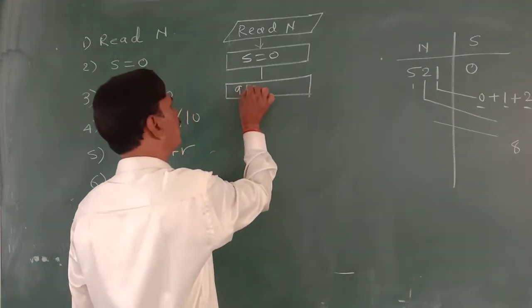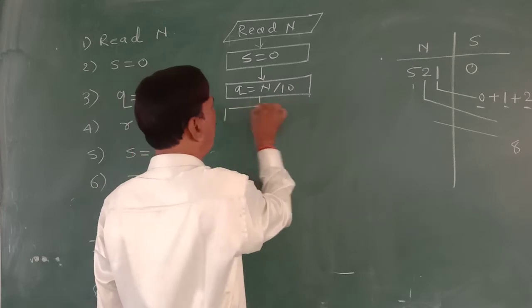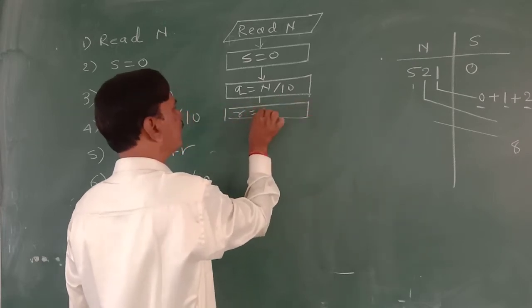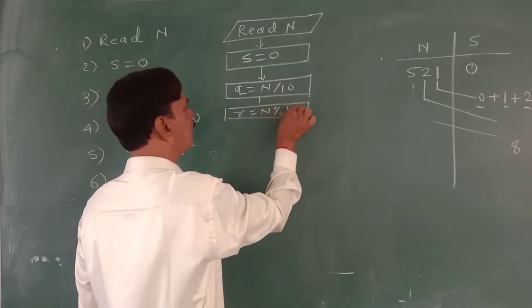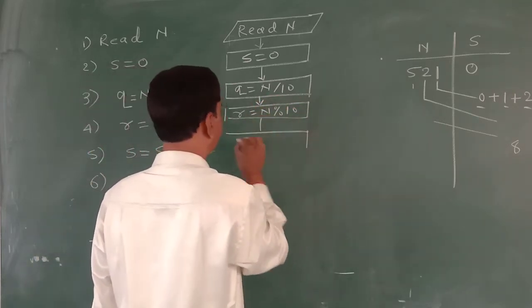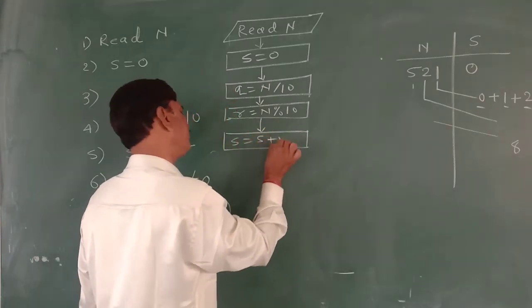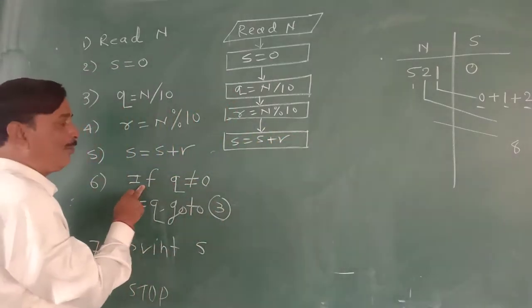Quotient is n by 10. Remainder will be n modulo 10. S is equal to S plus R. Now, decision making.